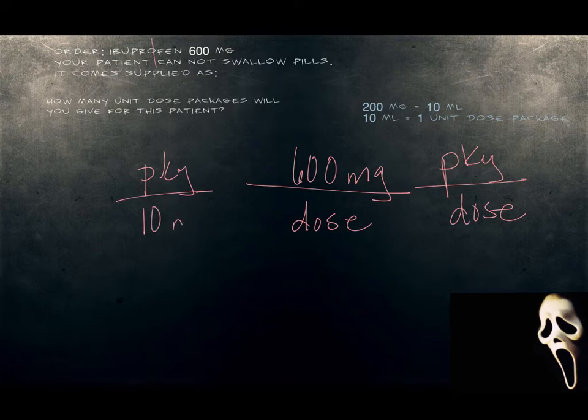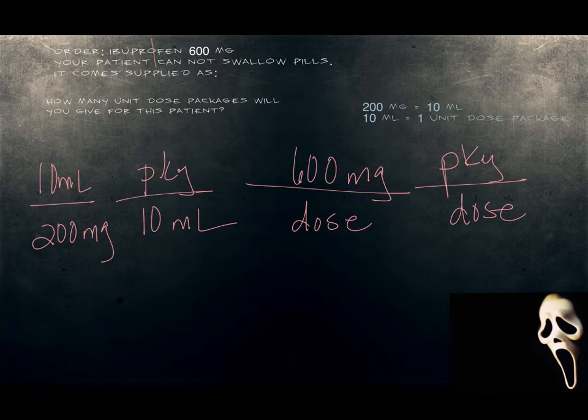equals 10 mLs. But that's not going to do us any good because we now have to get rid of mLs and milligrams. So let's set that up so it'll cancel out. We know that 10 mLs equals 200 milligrams. Now those of you who are really comfortable with fractions might go, well, 600 goes into 200 3 times, I could cancel those out, and 10 goes into 10 once, so I'll cancel those out.